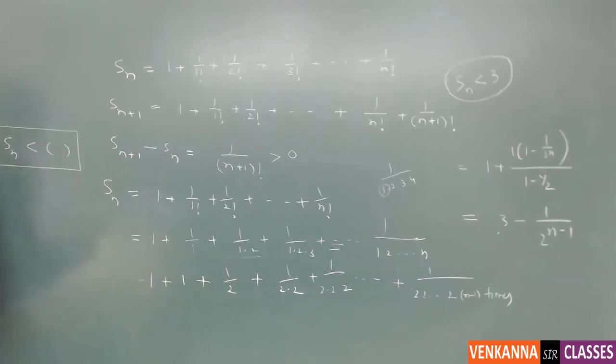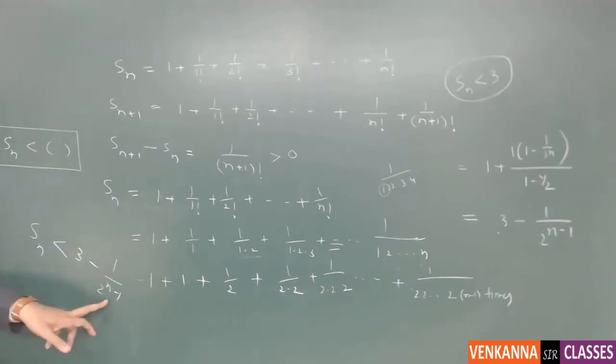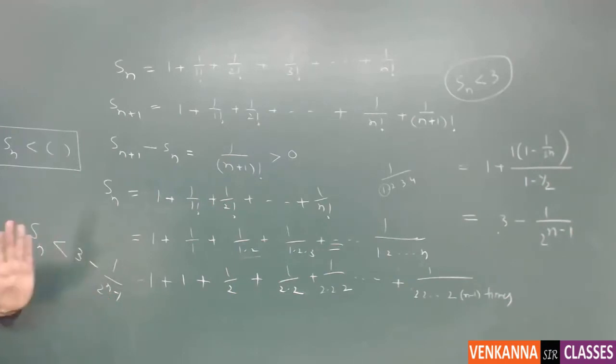Please understand, I am saying 3 minus something. Three is the upper bound. How can you say it is the least upper bound without knowing this value? You can fix 3 as an upper bound.